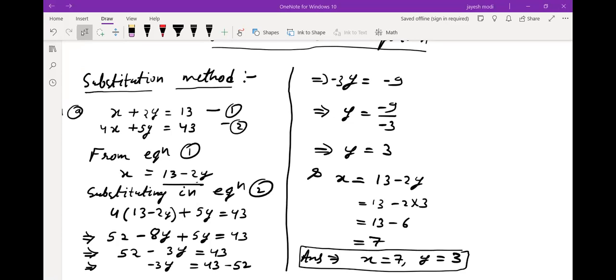Even if not, if it is instructed that we have to solve by using the method of substitution, then we have to use only that method. Okay. Now solve question number 1A.